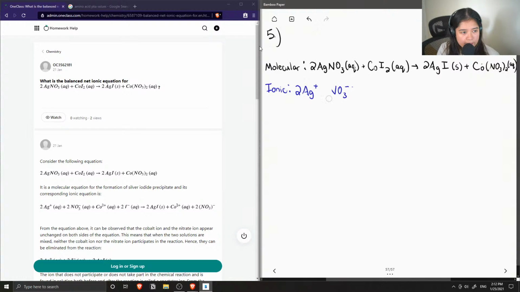I'm also going to write in the phases just so that we're consistent. So these are all aqueous.